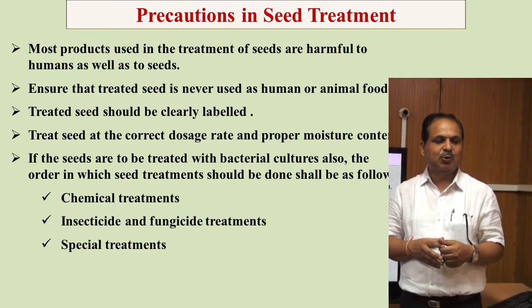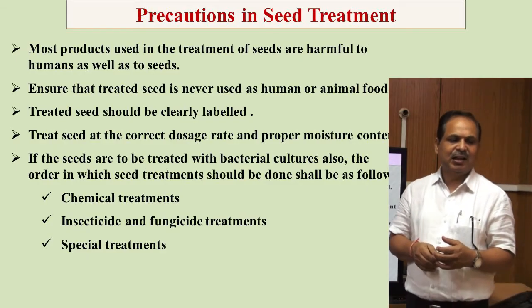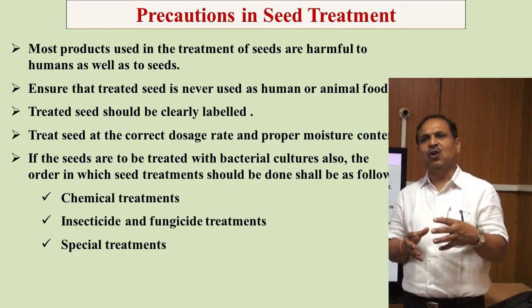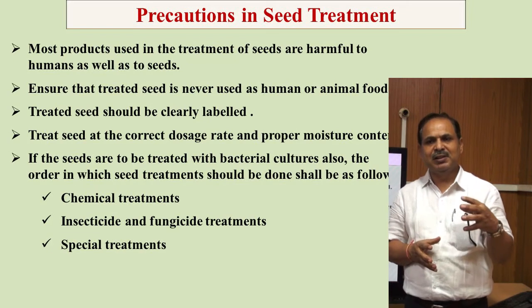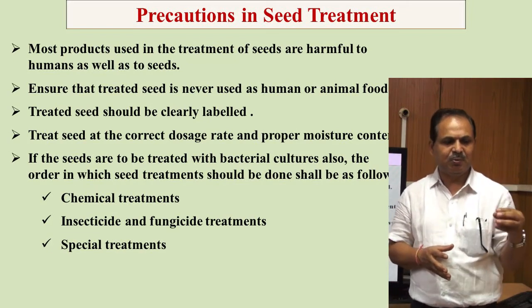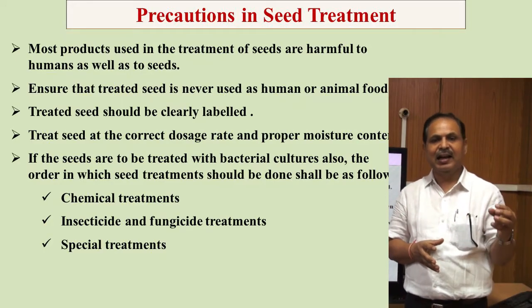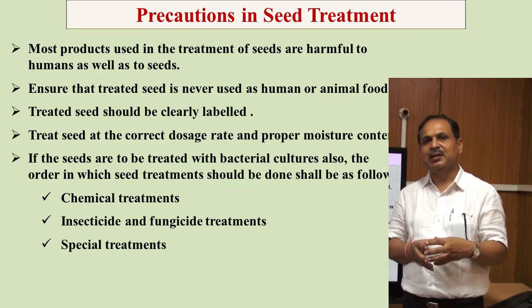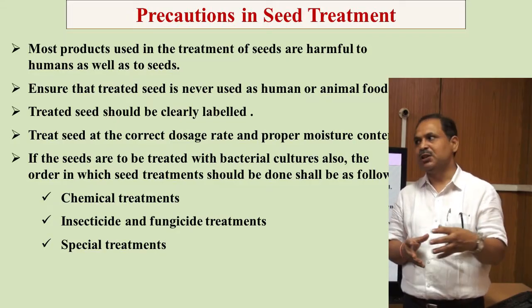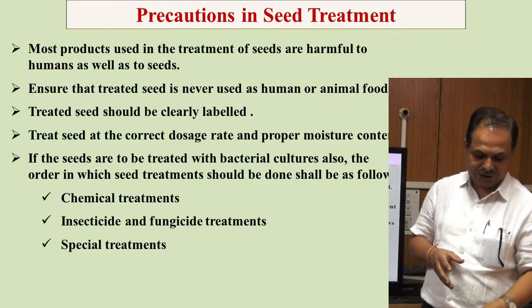If the seeds are to be treated with bacterial culture, then it must be done in order: the seeds must first be treated with chemicals, then fungicides, then insecticides, and then the special treatment of the Rhizobium culture or other microorganisms.